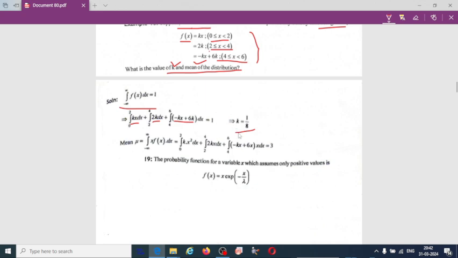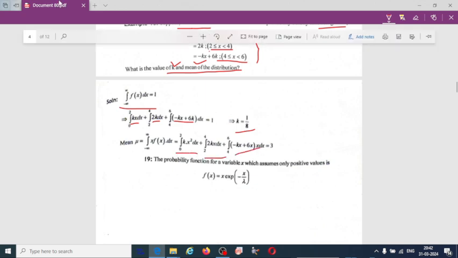So k is 1 divided by 8, and mu, the formula to calculate mu for this continuous distribution, is the integral from minus infinity to plus infinity of x into f of x dx. So f of x for all three you have to substitute here again. Then you have to integrate with respect to x. You are going to get mean 3.